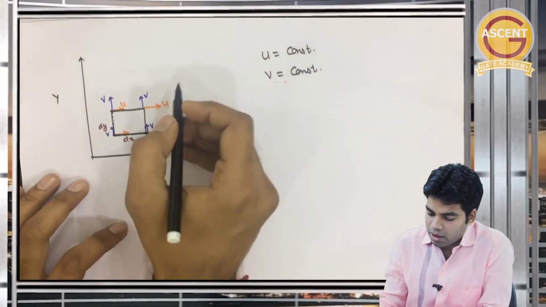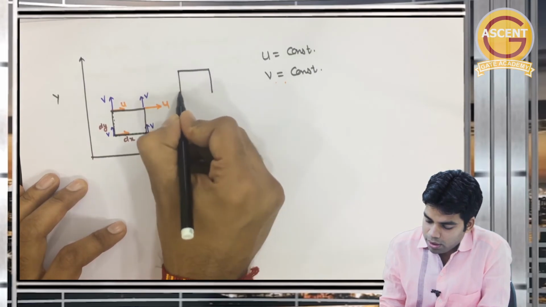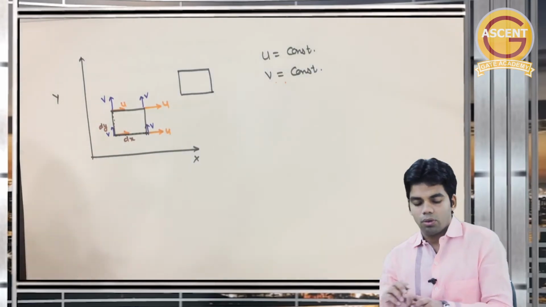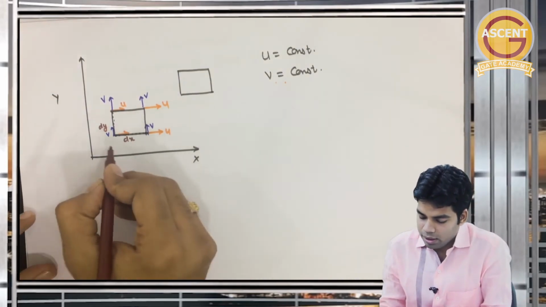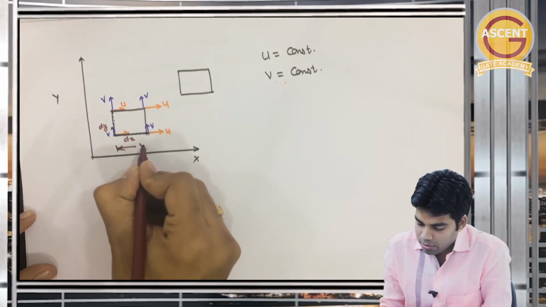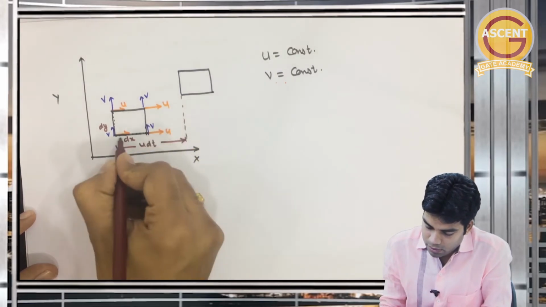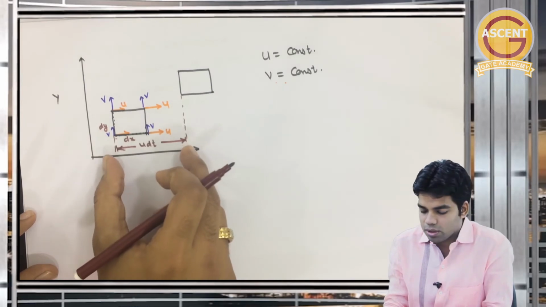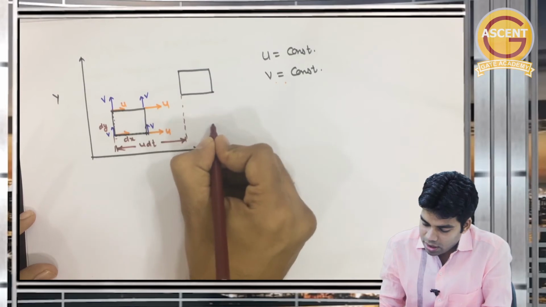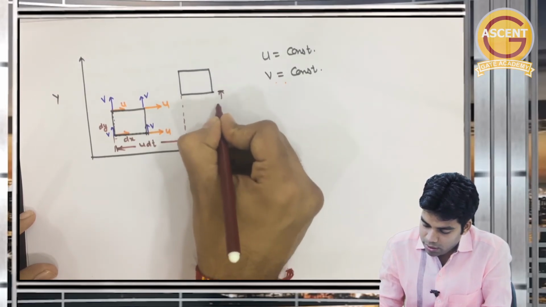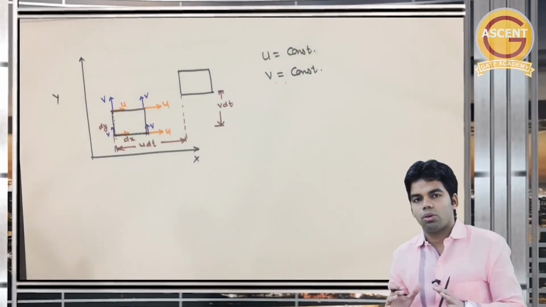After some time, say after time dt, this particle will be at this point, and this distance is nothing but u into dt. Similarly, this distance is nothing but v into dt. So this is how linear translation occurs.